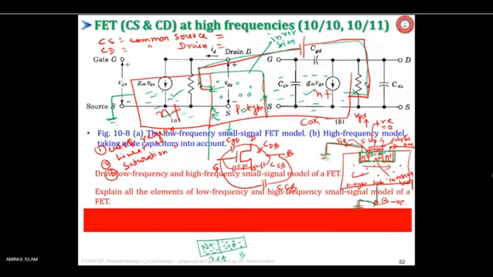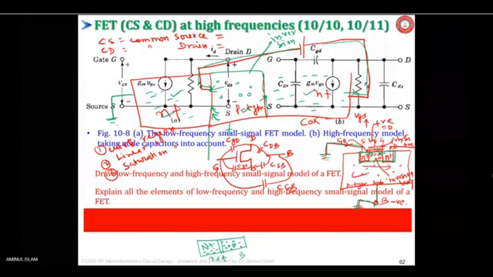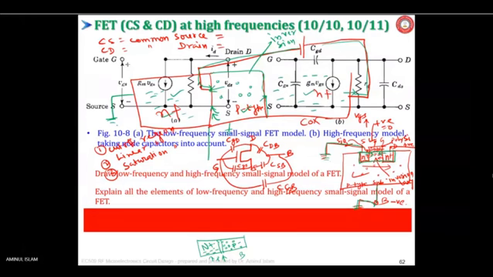Some electrons will go to the right side. Once they go to the right side, they will fill the vacancy in the P side, and it will become a negative ion or positive ion? Negative ion. Left side, what will happen? It will leave behind a positive ion here.